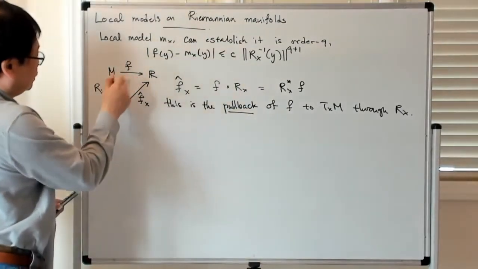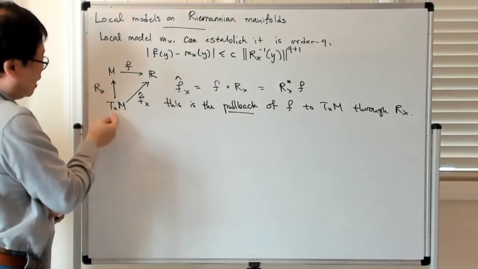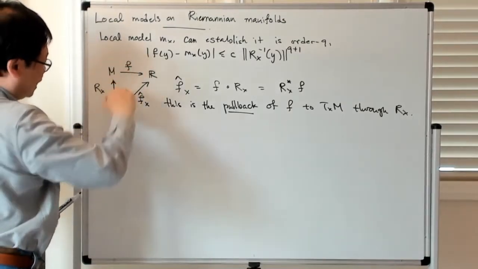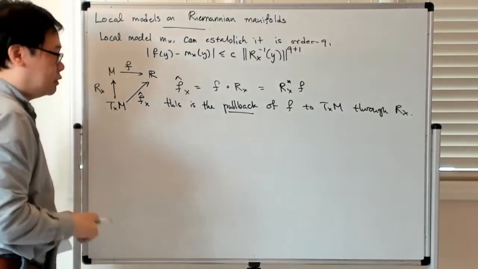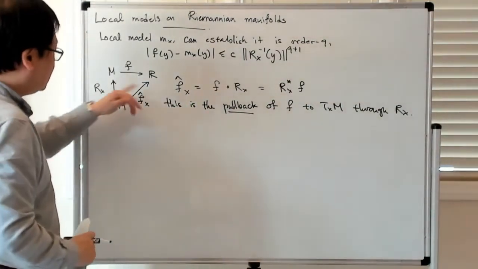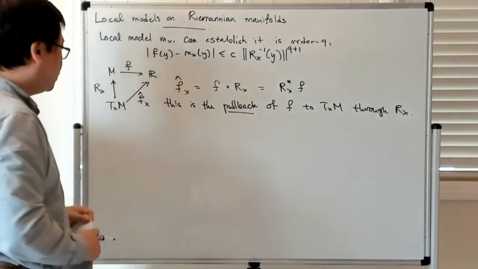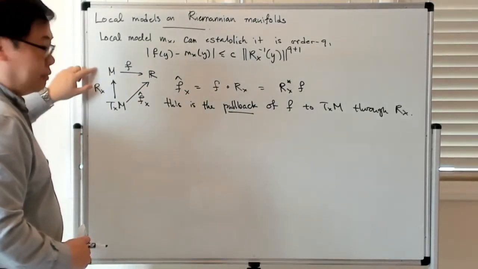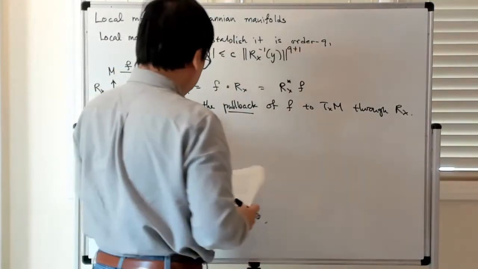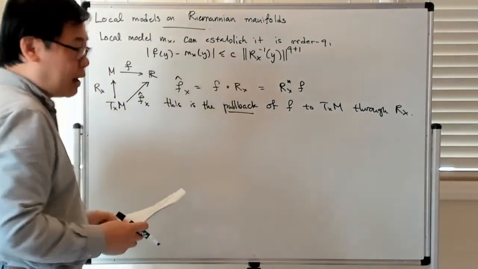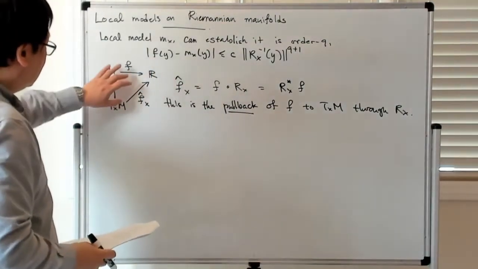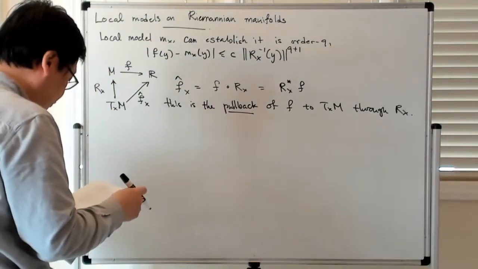It's called a pullback because the map is from T_xM to M, but you pull this function back to T_xM. This is a natural kind of object, and you can see from the definition that it doesn't rely on this map being invertible. You can generalize these notions of pullback to more complicated objects than just scalar valued functions, but certainly it applies to this as well.